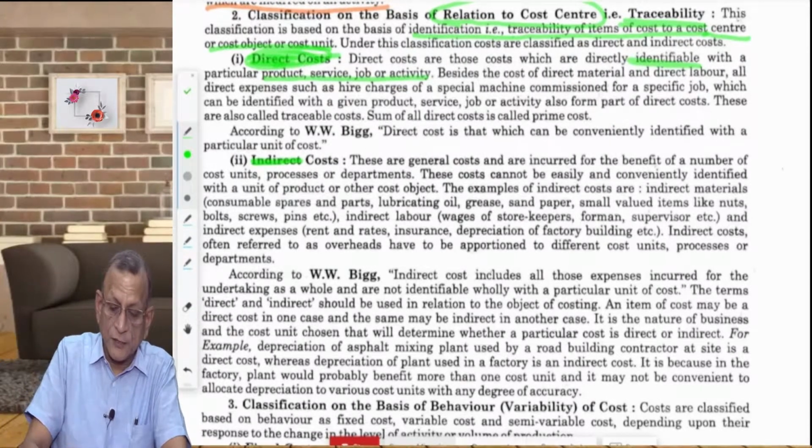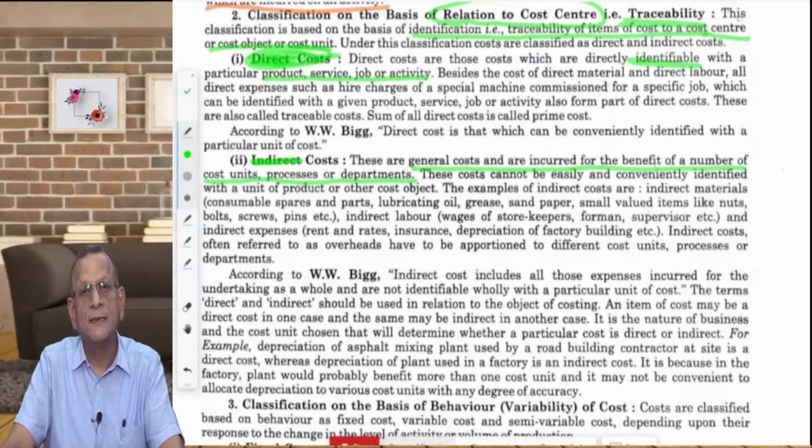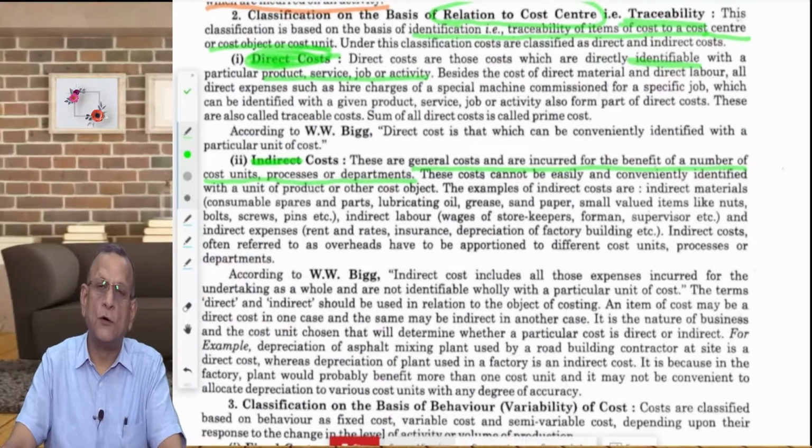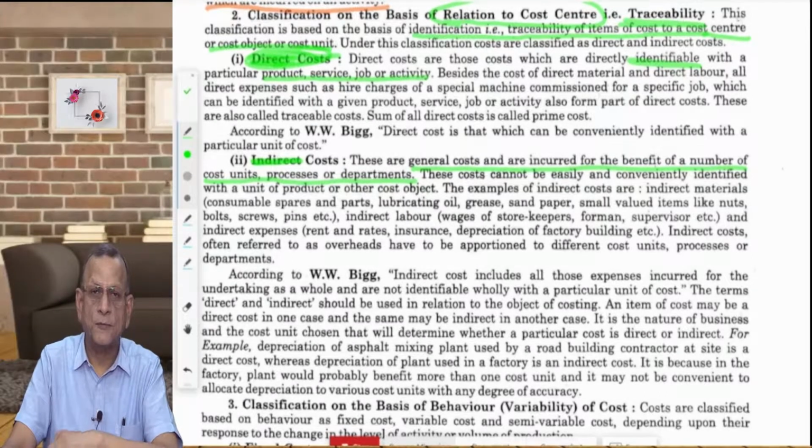So these are the general costs that are incurred for the benefit of a number of cost units, processes or departments. Finishing will be there, stitching will be there, cutting will be there. So the rent paid for the factory or insurance paid for the factory will be for all such departments, stitching, cutting, finishing.